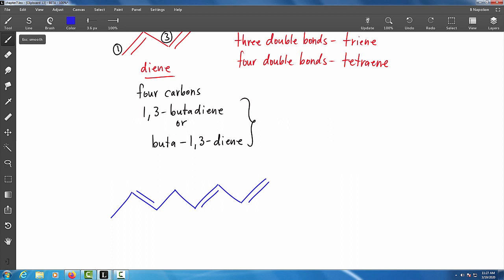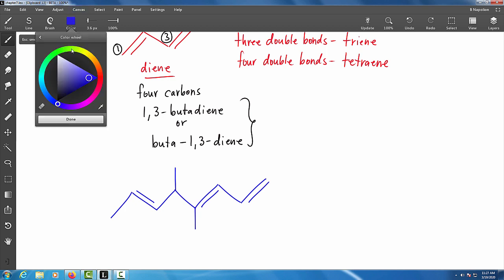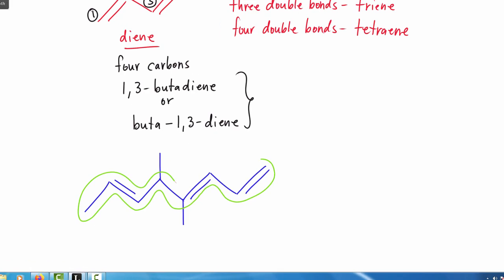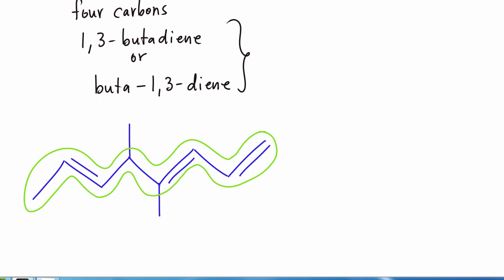And in between that, I'm going to put a methyl group there and a methyl group here. Now, the rule applies. We want to get to the first double bond to have the lowest number. So upon visual inspection, we can see that that's going to be our parent chain.